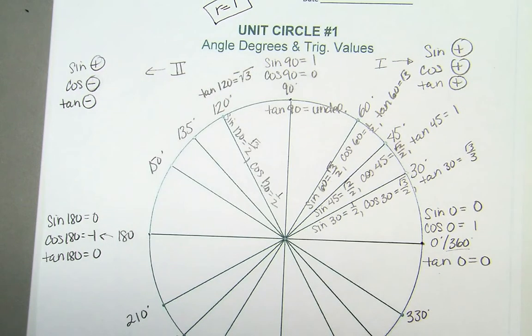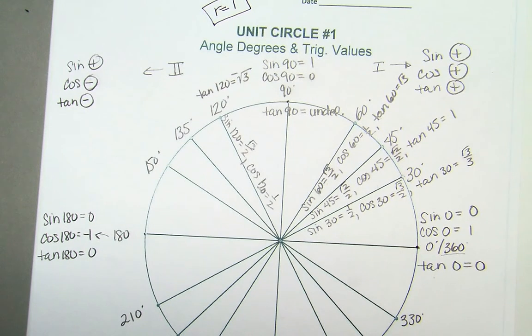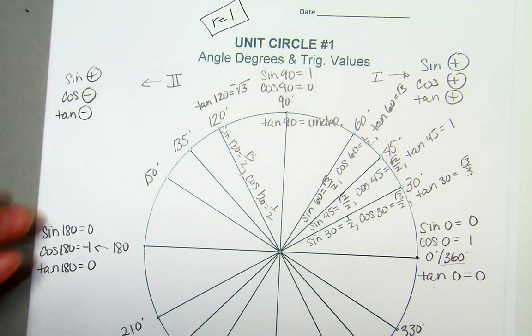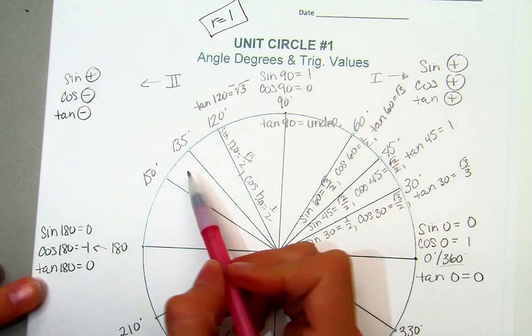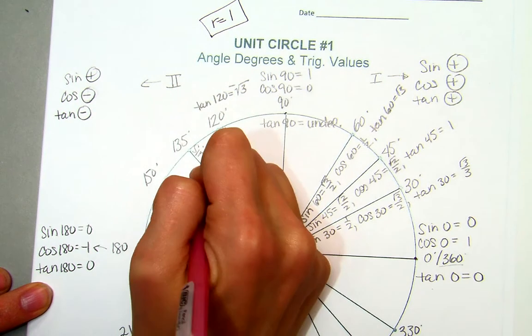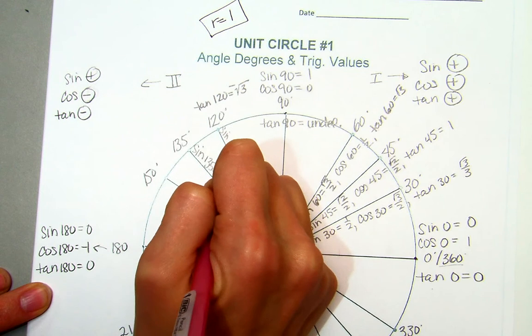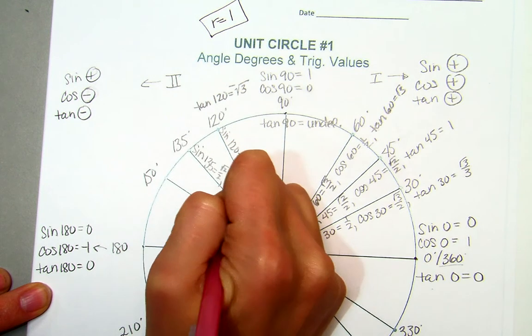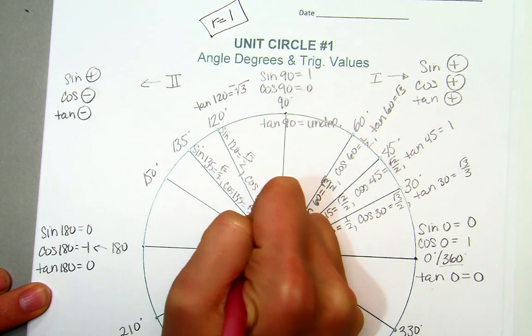I know some of you guys are running out of room a little bit. So let's look at 135. If we take 45 degrees and lay it over 135, we actually get your sine is positive. So sine of 135 is going to be square root of 2 over 2. Cosine of 135 is square root of 2 over 2.